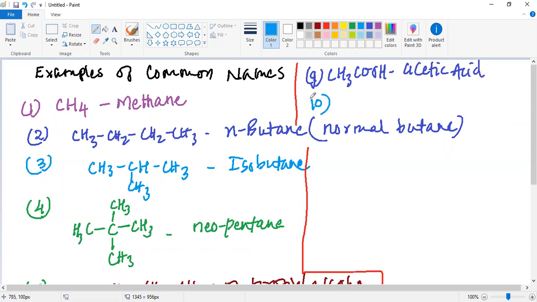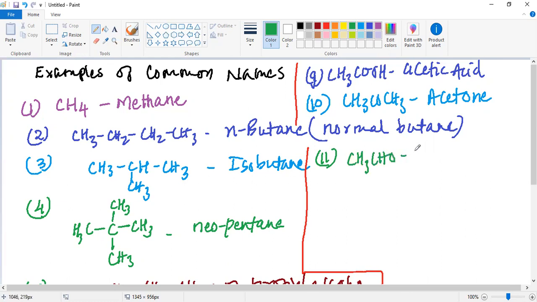Then we have the 10th one, CH3COCH3, which is acetone. Then the 11th one, CH3CHO, which is also known as acetaldehyde.